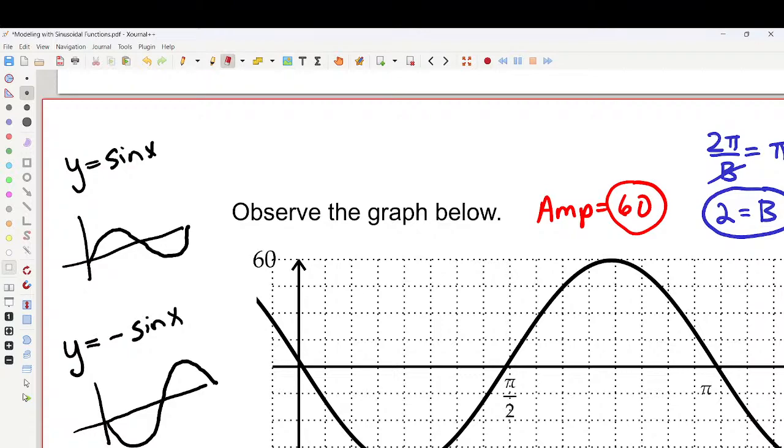Basically, I'm looking for the start of a trough. That is not the start of a trough. My bad. Yes, it is. That is not the start of a crest. I'm looking for the start of a crest. If it's not here, then there must be a phase shift. Get my logic? If it's not at the origin, then it's been shifted somewhere.